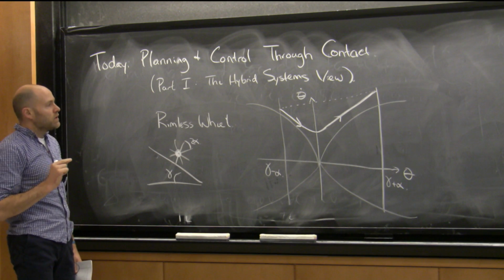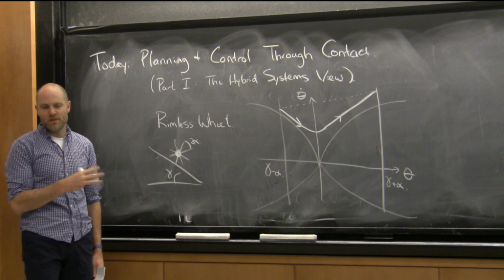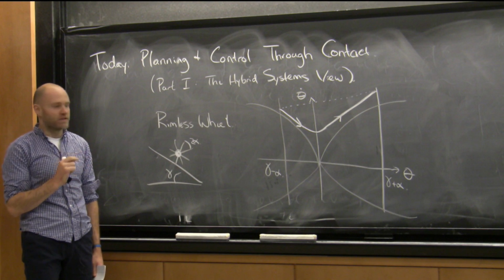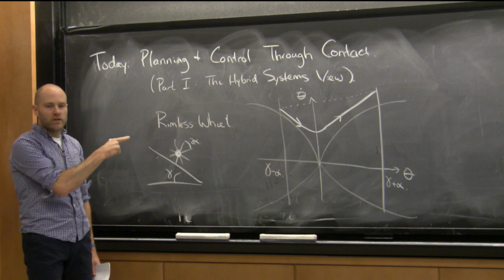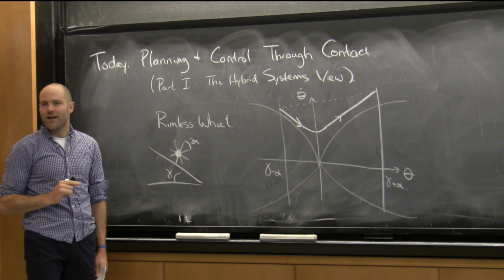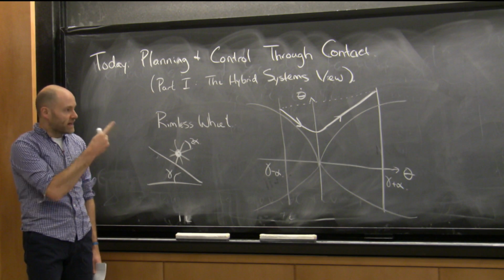So the rimless wheel is sort of the only example that I can give you, and the SLIP, with a little bit of linearization, was maybe the other example, where we were able to find that limit cycle in closed form. Right? We could actually describe that curve.